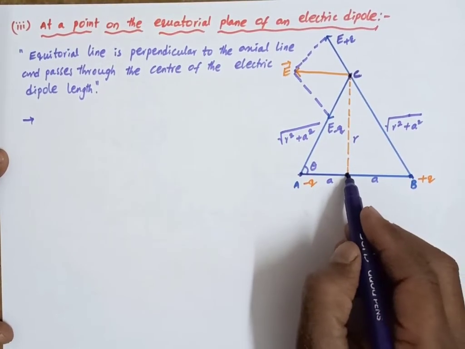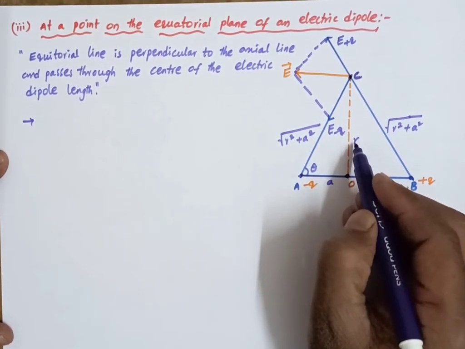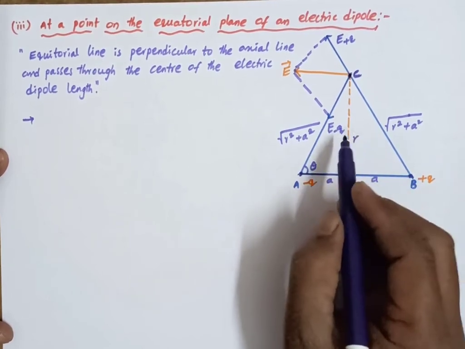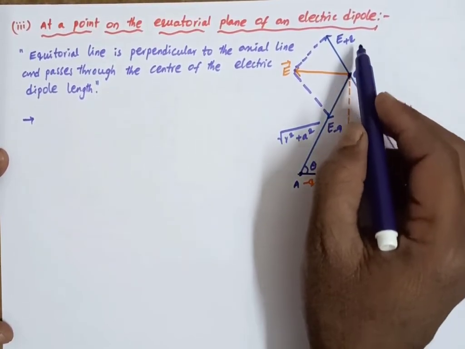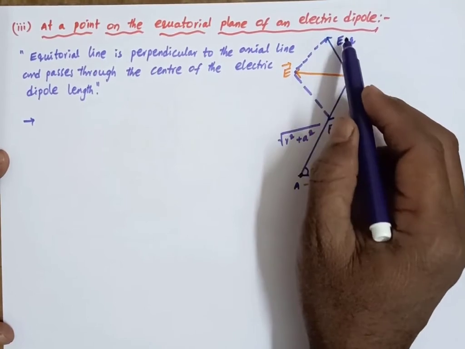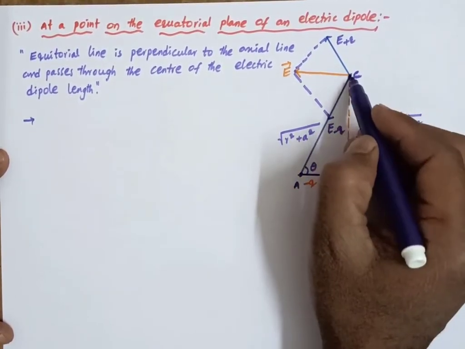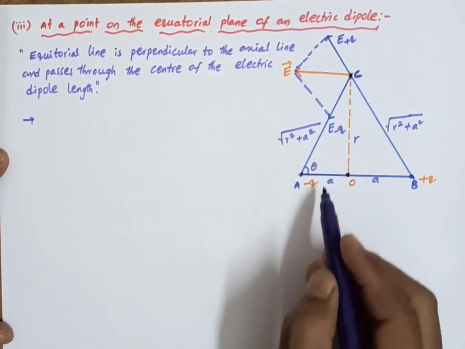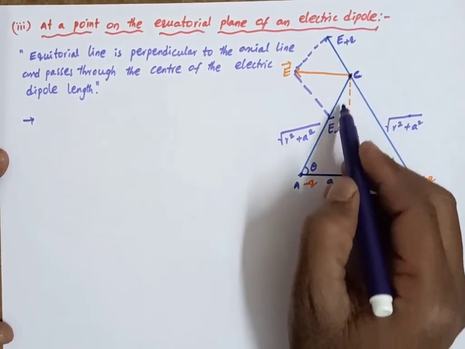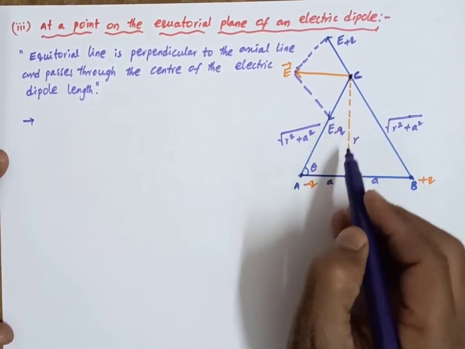The distance from point O is r. The electric field direction due to the positive charge is in this direction, and for the negative charge it is in this direction.